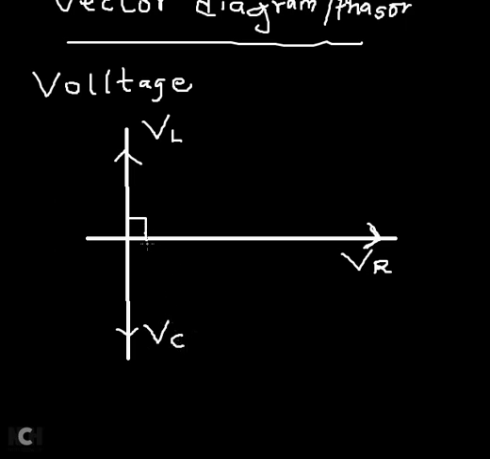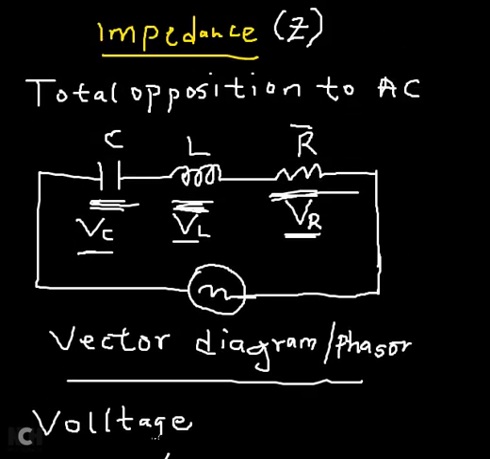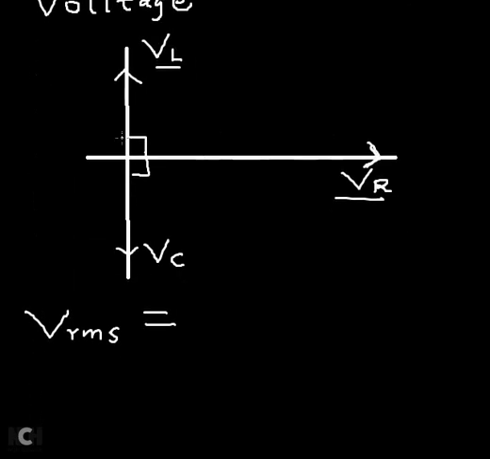So which simply means that the total voltage combining these three voltages VR, VL, and VC gives me what is known as the VRMS. So the VRMS of the alternating current circuit that has this capacitor, inductor, and resistor is going to be the vector sum.